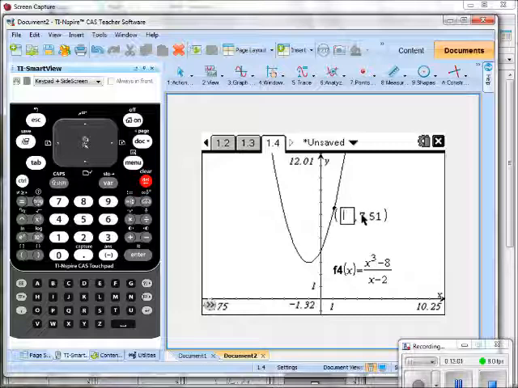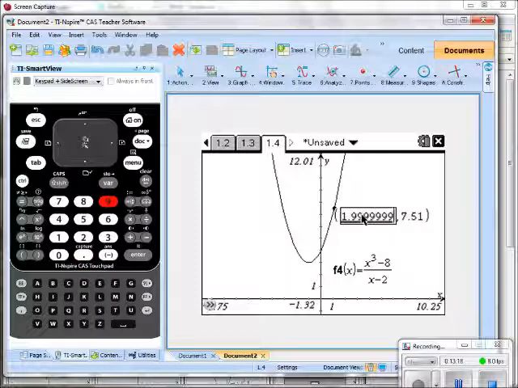Can't put it at 2. I'm now back on my original function, but how close can I? Just give me a wild guess. 1 point, how many 9s do you have in there? Something like that? Okay. And sure enough, there it goes.